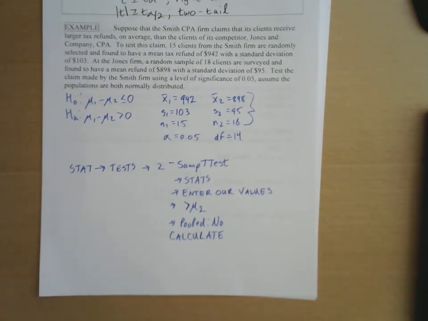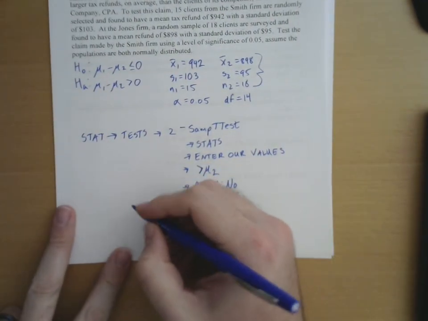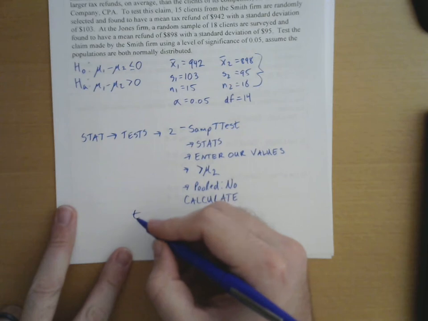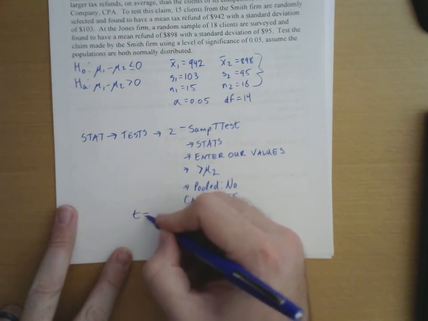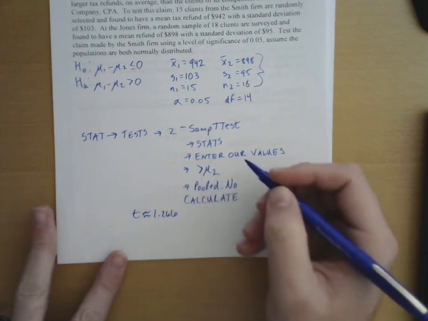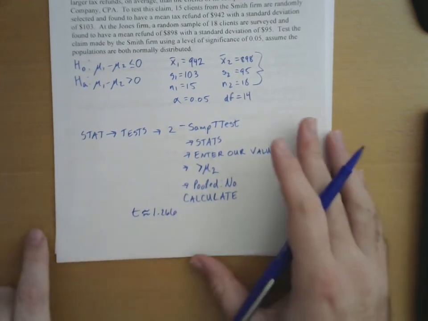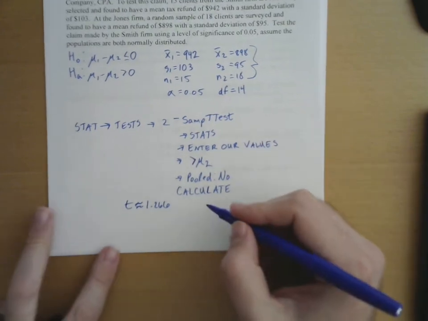So speaking of our t-score, our t-value is 1.266 approximately. Since this is a right-tailed test, we look at this compared to t sub alpha.